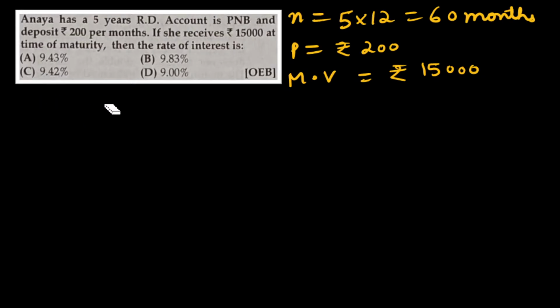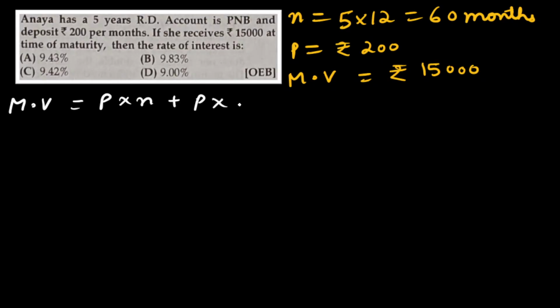See, again, MV is given to us, so we'll make use of the maturity value formula. So the formula is P into N plus I. At I's place, let's use its formula, because R is there in I's formula only.